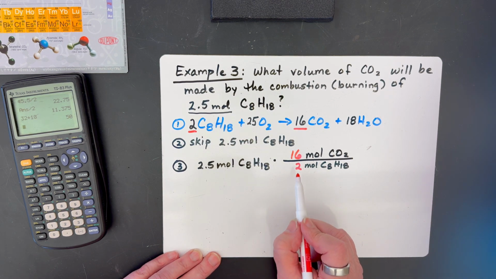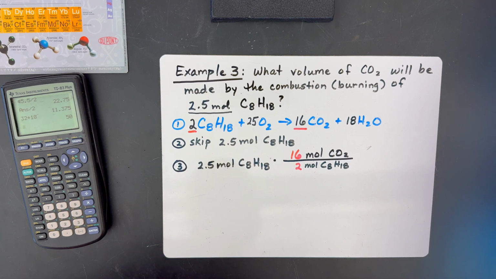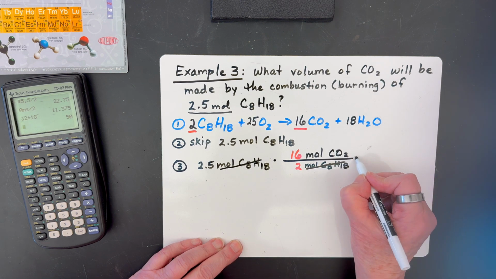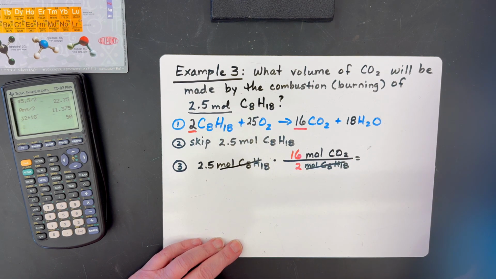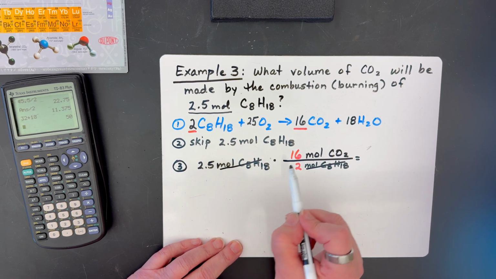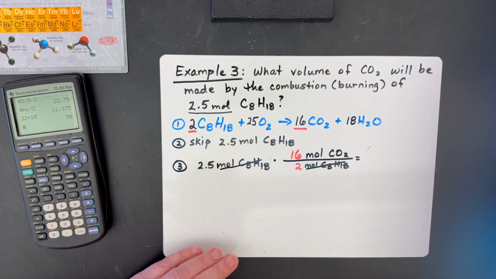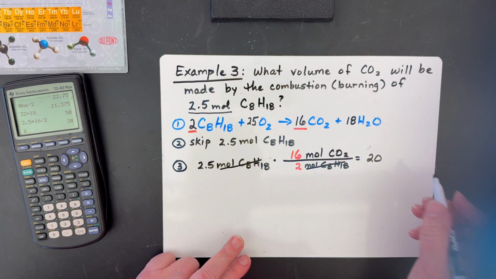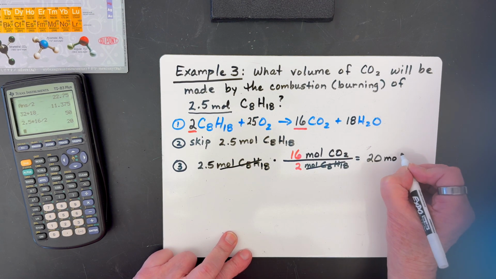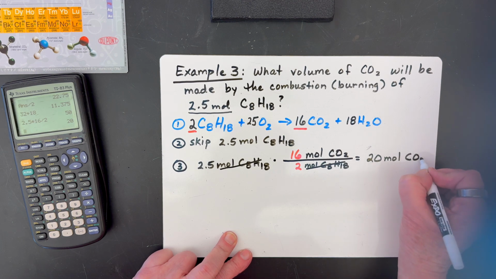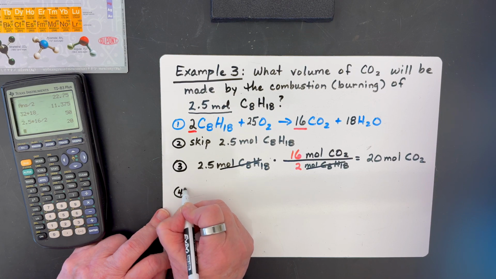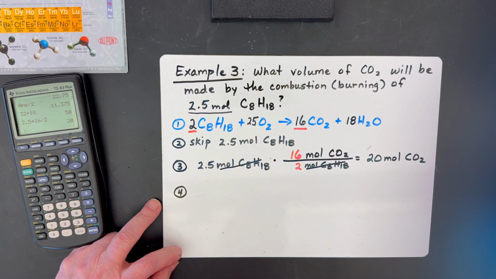So these two numbers came from our balanced equation. This unit will cancel, and we'll be left with moles of carbon dioxide. So we need to take 2.5 times 16 divided by 2, which is 20 moles of CO2.